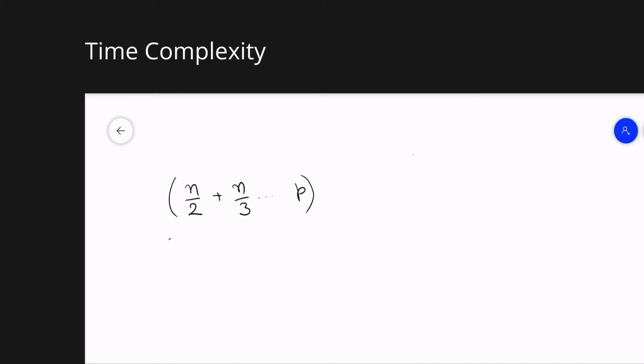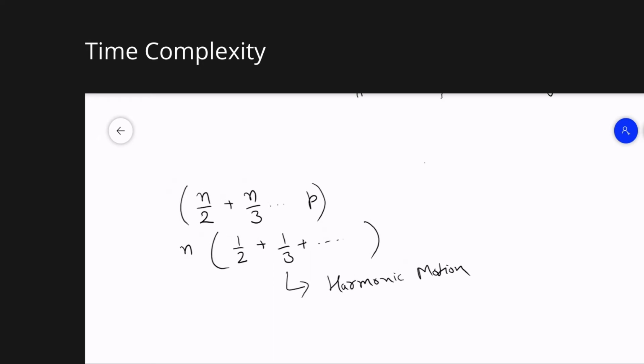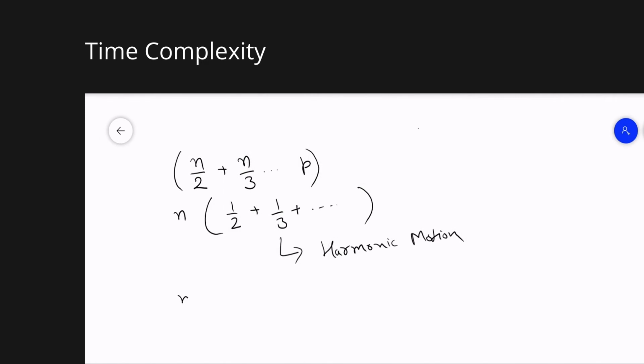We take n common out of this, then the remaining sequence will be 1 by 2 plus 1 by 3 plus, and so on up to a certain number. If you see, this is a harmonic series. And after some calculation, the final answer comes out to be n log n.